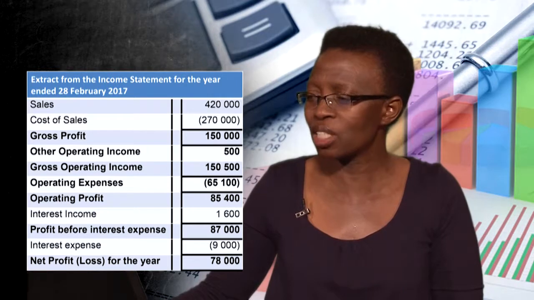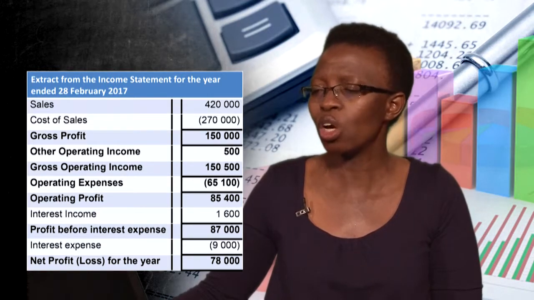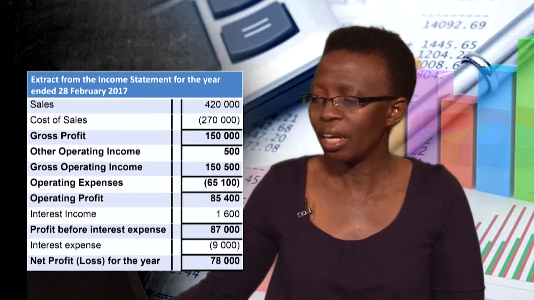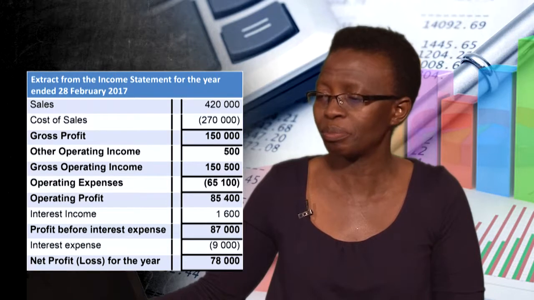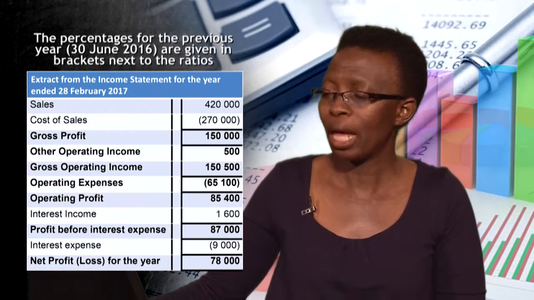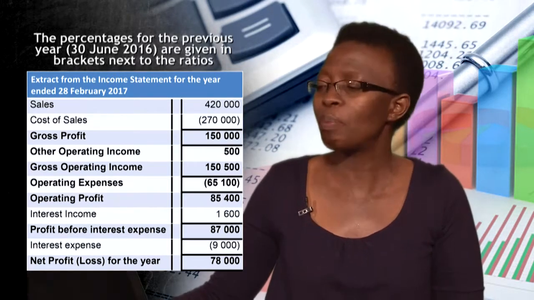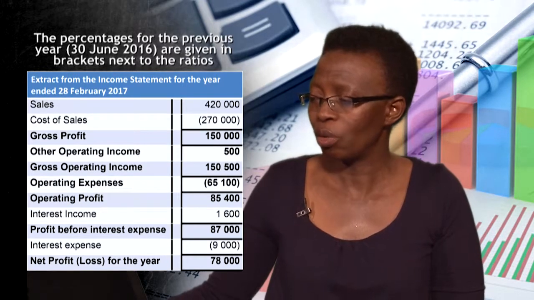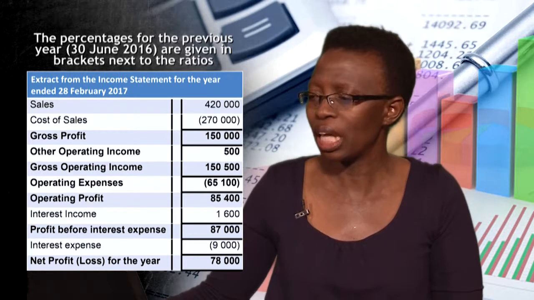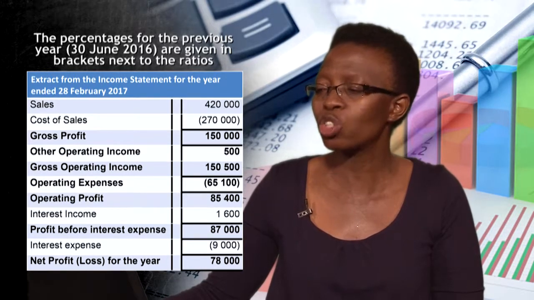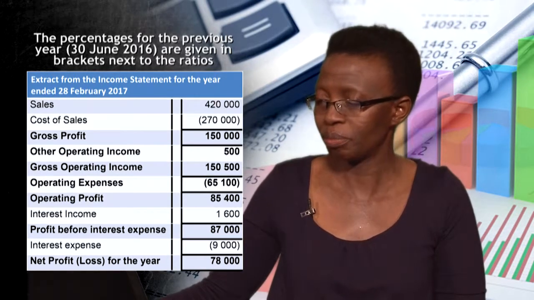These are the figures: your sales, your cost of sales, gross profit. Go through this income statement and calculate the ratios that are given. And you are also given the percentages of the previous year, which was 30 June 2016, and they are given in brackets next to the ratios.